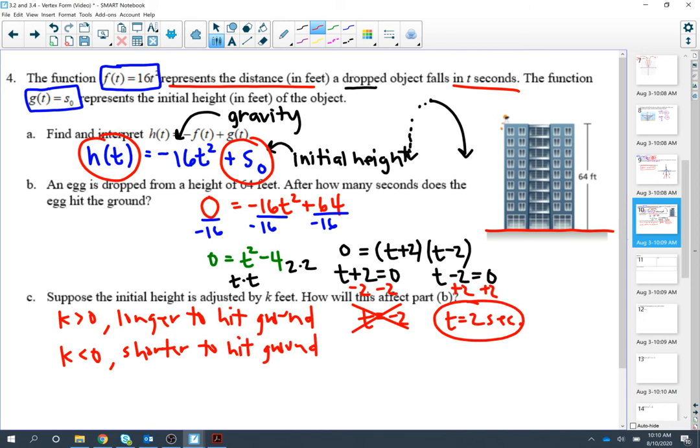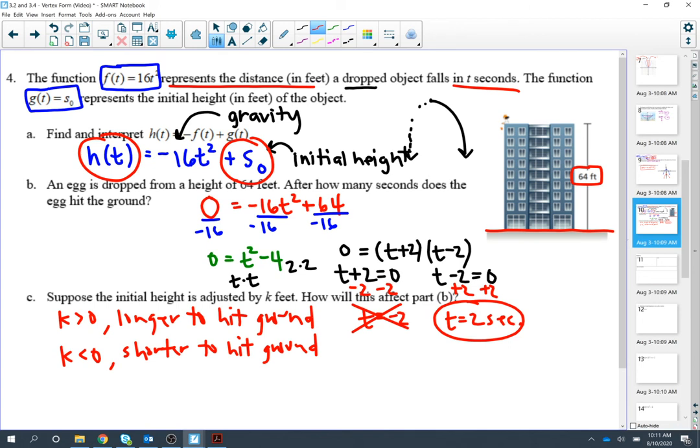Now, I put k is less than 0. What can k not be? Can k be negative 100? And I hope you're saying no. The reason is because we started at 64 feet. So if I move it down 100, how do you take an egg, which is just 64 feet in the air, and move it lower by 100 feet?